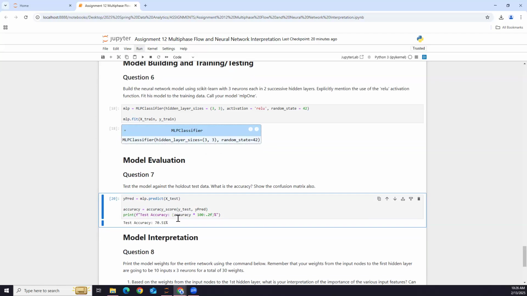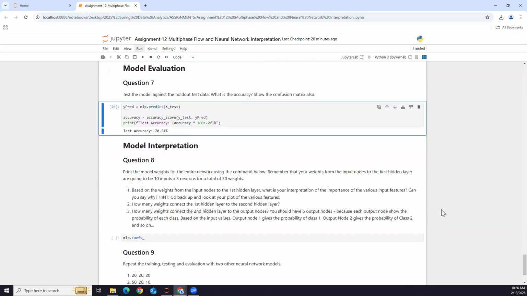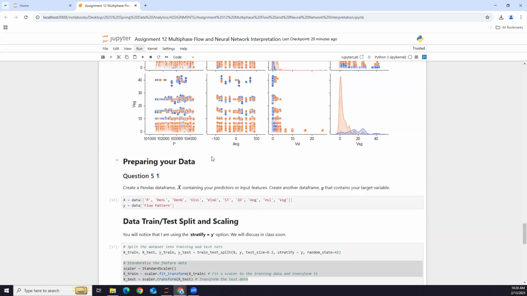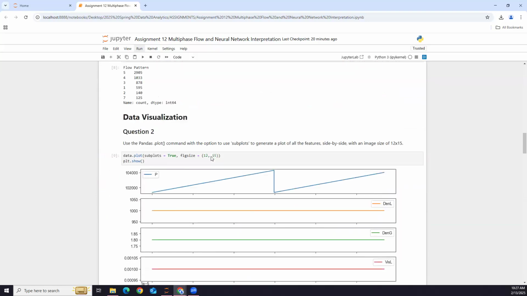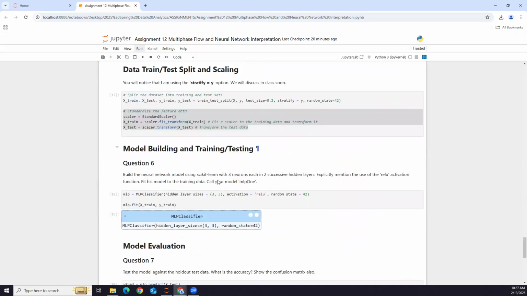And this is not a great accuracy, and that's because we're using a model that's not so complex. And there's a reason why I'm doing this. But if we change the model complexity, perhaps we can get a slightly better accuracy. But I also want to be looking at my confusion matrix. So I'm also going to be importing my confusion matrix from sklearn, and I haven't done that yet.